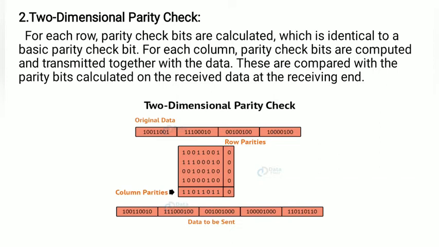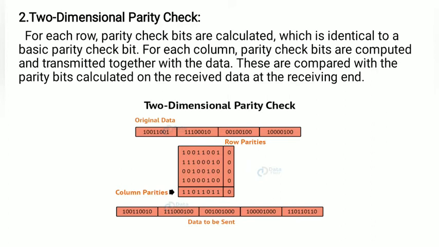In the two-dimensional parity check, performance can be improved by organizing the data in the form of a table, that is, rows and columns. Parity check bits are computed for each row, which is equivalent to the single parity check.